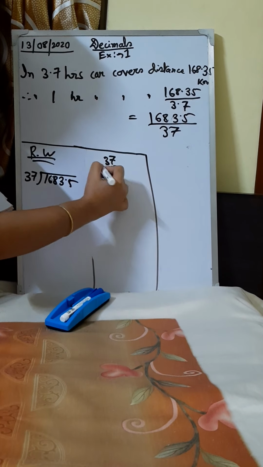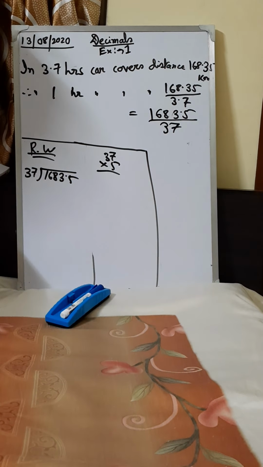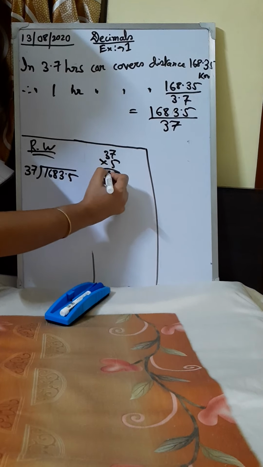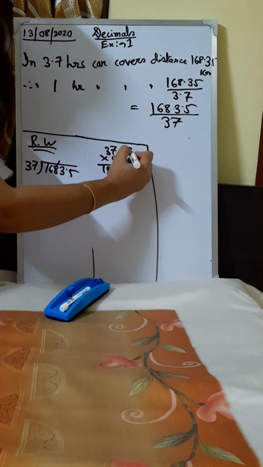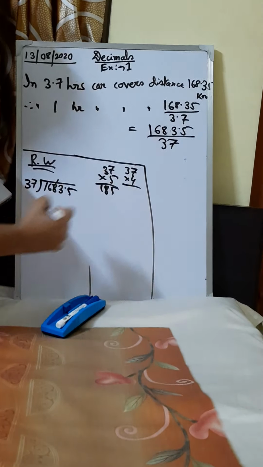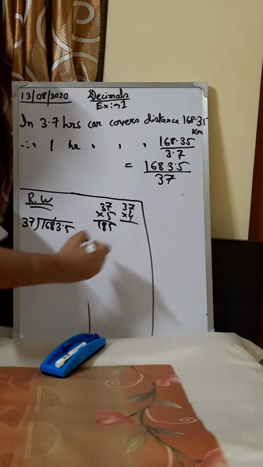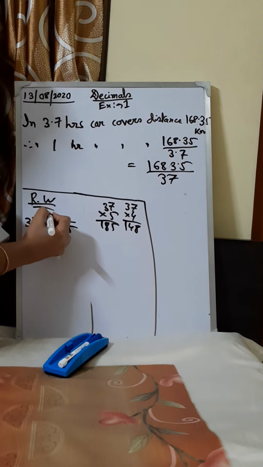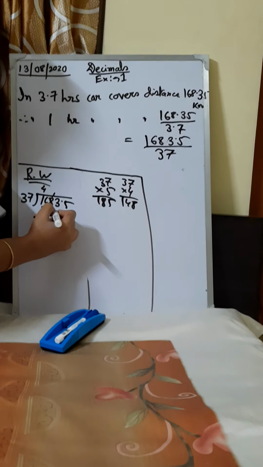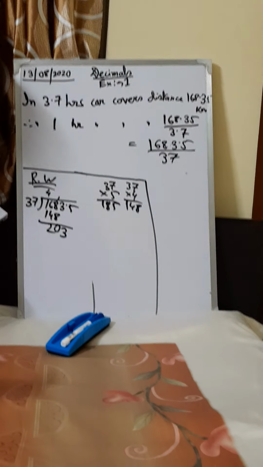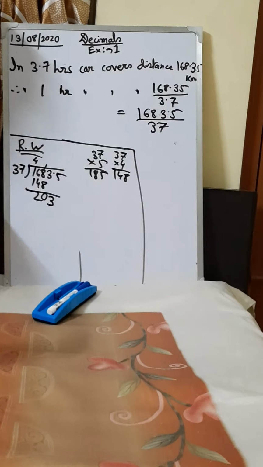37 into 5: 37 into 5 is 185, which is greater than 168, right? So 37 into 4 is 148. So 37 4s are 148, subtract, 20. This 3 will come down, 203. 37 5s are 185.